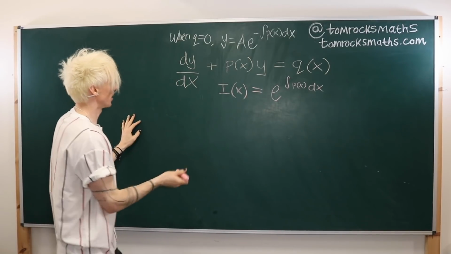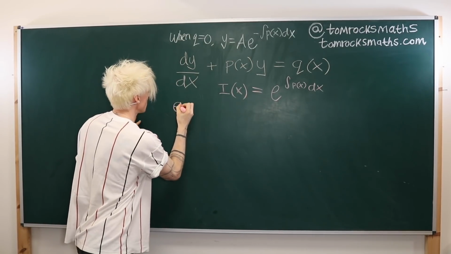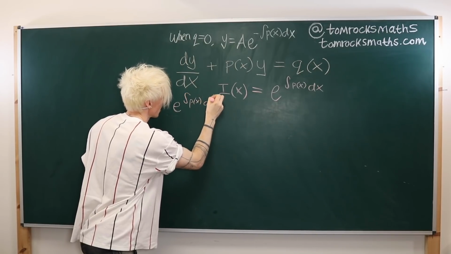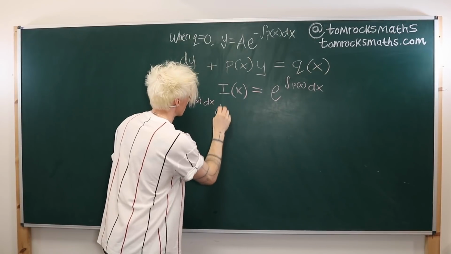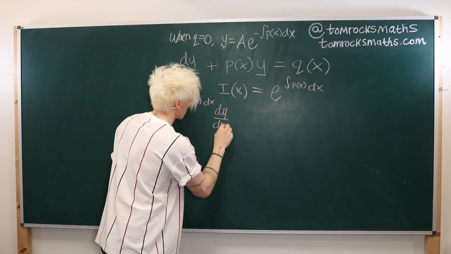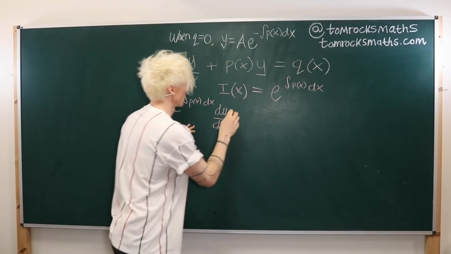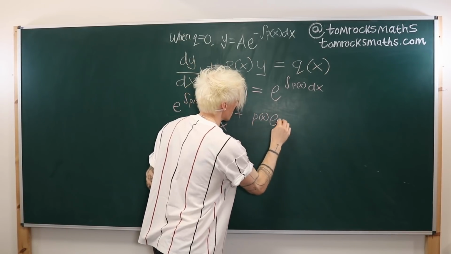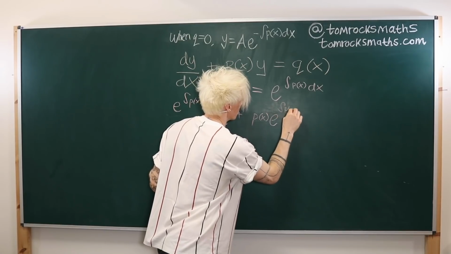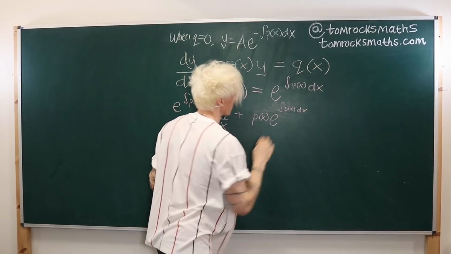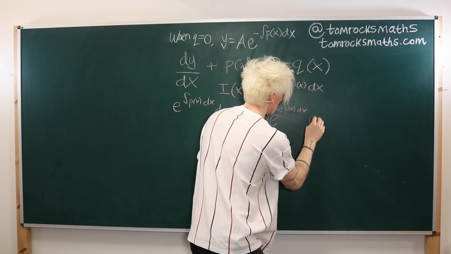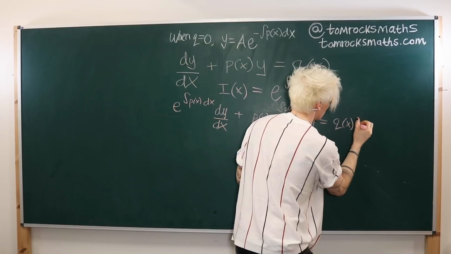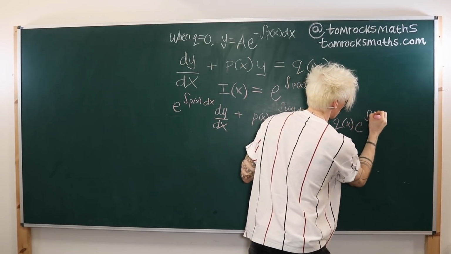So, on the left, I've got e to the integral p of x dx multiplied by dy by dx plus p of x times e to the integral of p of x dx, all multiplied by y, is equal to q of x times e to the integral p of x dx.